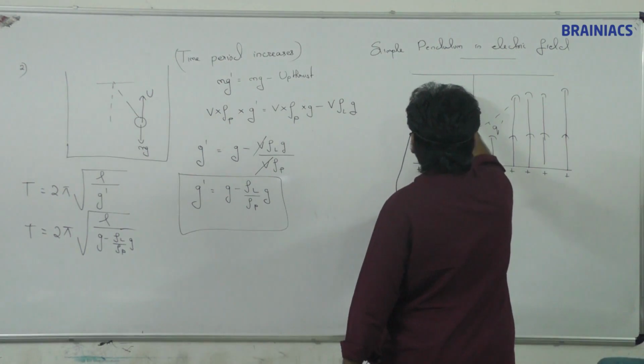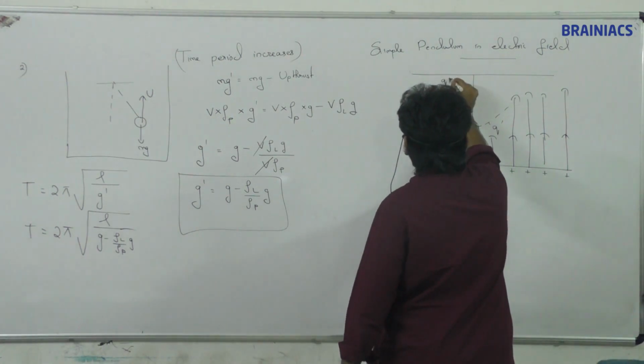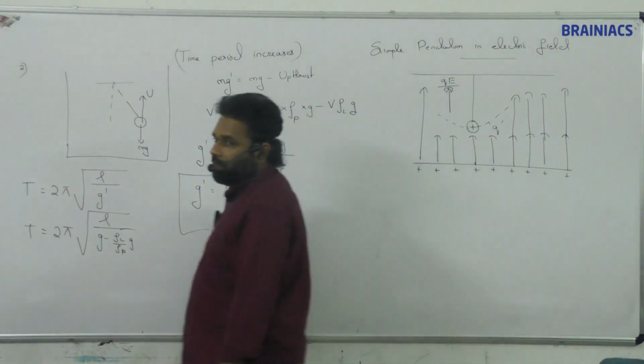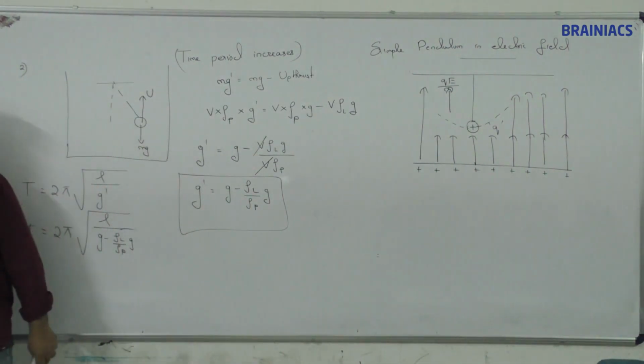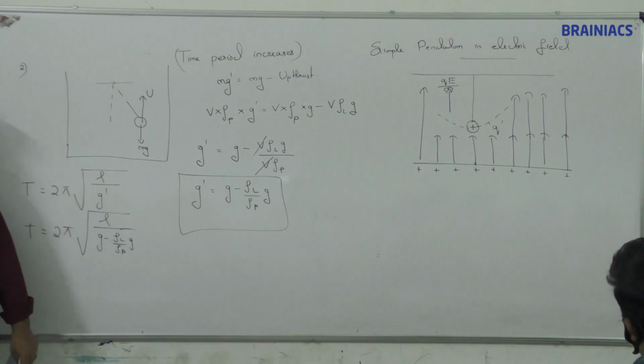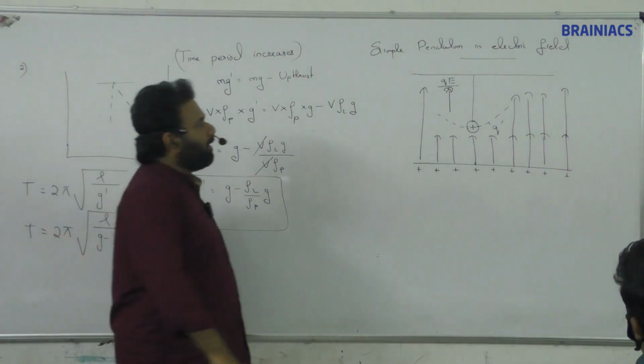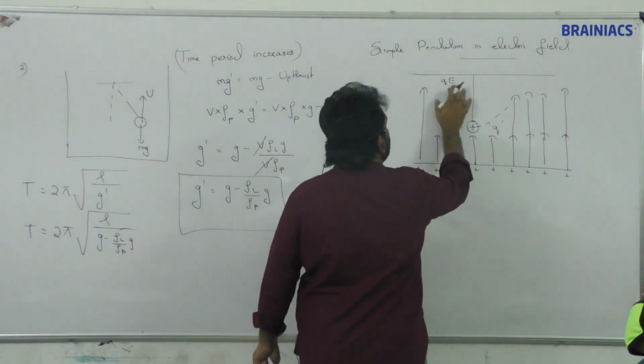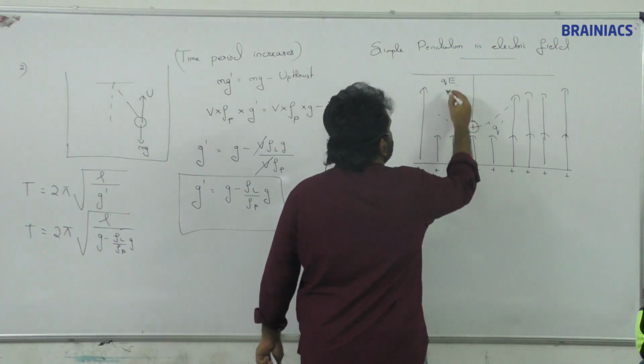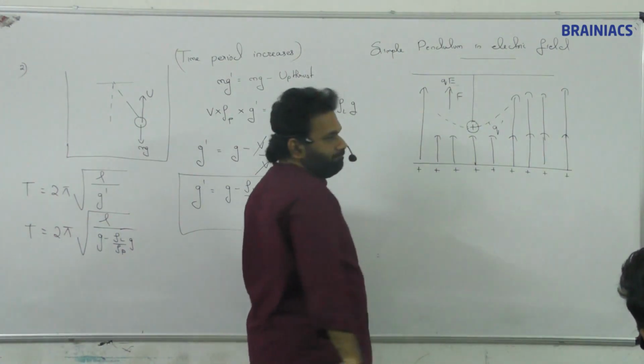In the upward direction, QE divided by M, correct? Force is QE, acceleration will be QE divided by M. Let us show only force, no worries. So force is going to be QE.